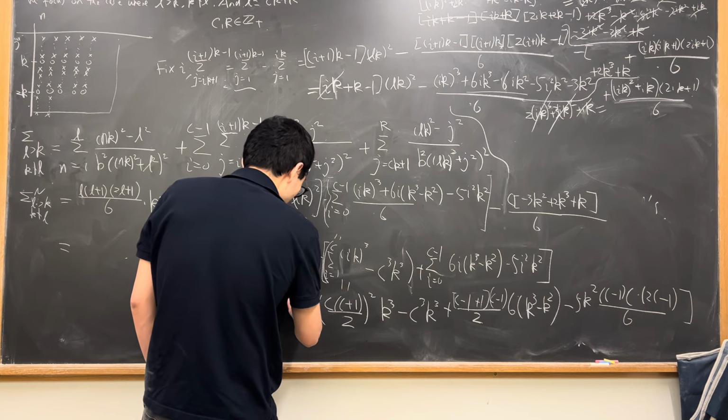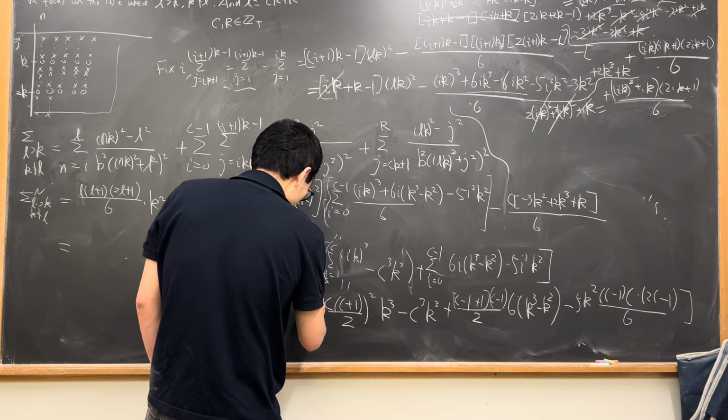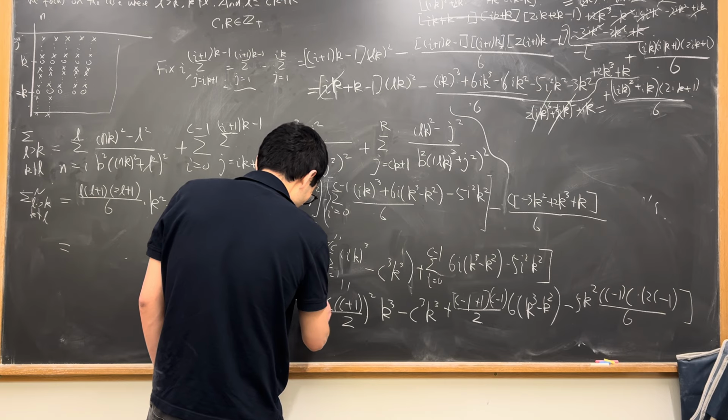And then this is negative 1 over 6, 1 over 6 here.